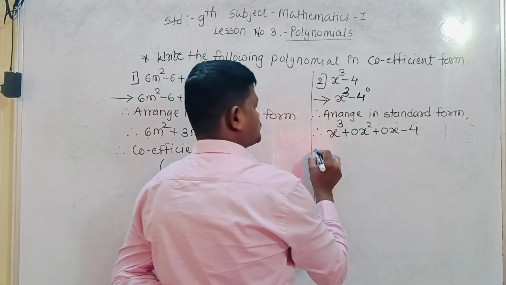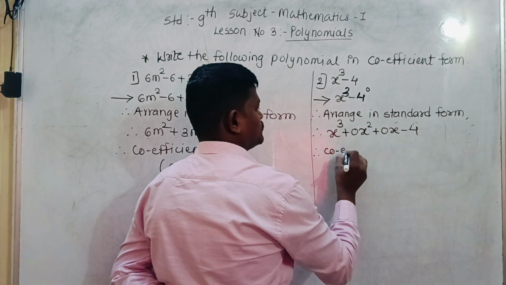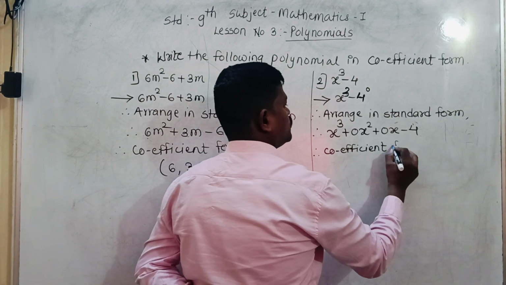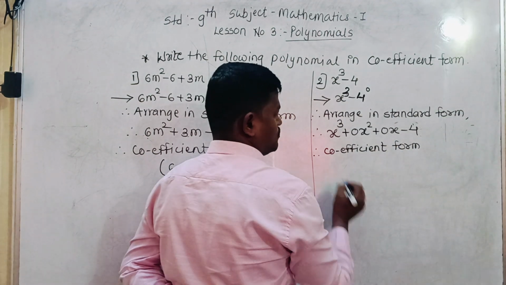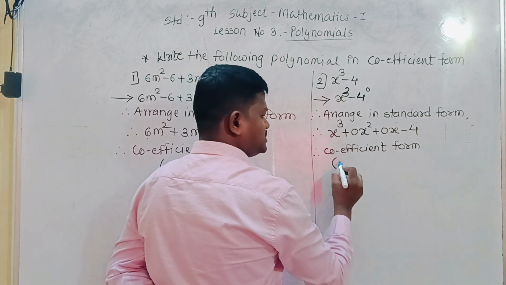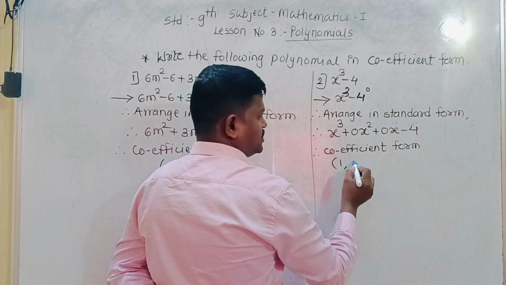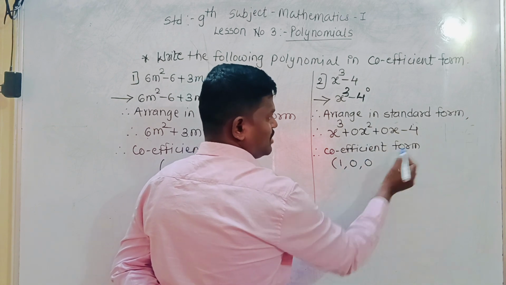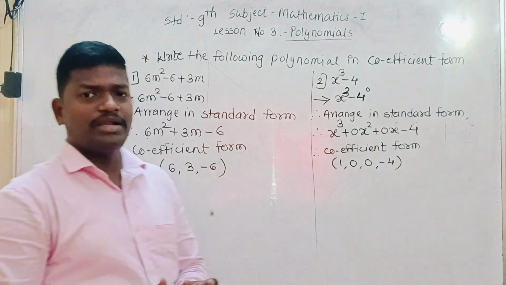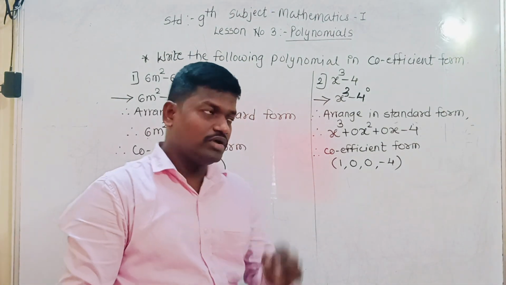For the coefficient form, the coefficient of x cube is 1, here 0, here 0 and here minus 4. So this is our coefficient form.